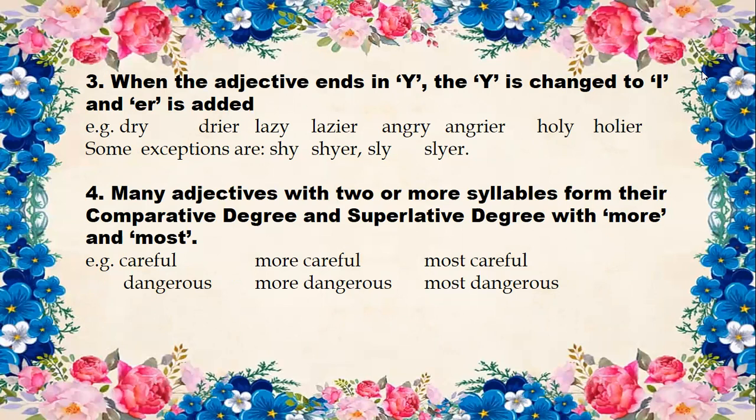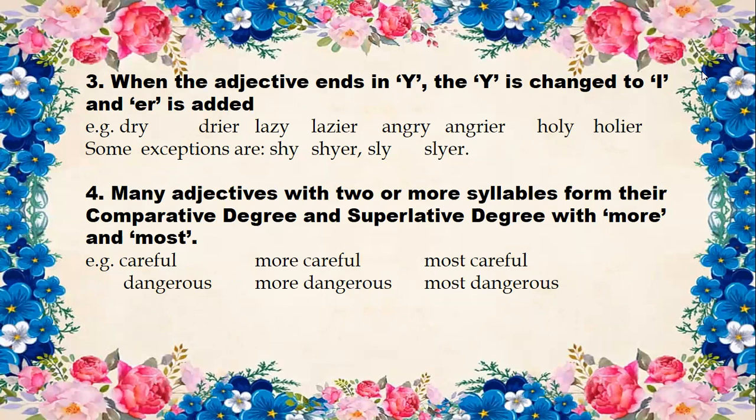Many adjectives with two or more syllables form their comparative degree and superlative degree with more and most. Now, the examples are careful. Now, when we have to write the comparative degree of that, we add more in front of that. So, careful will become more careful, most careful.